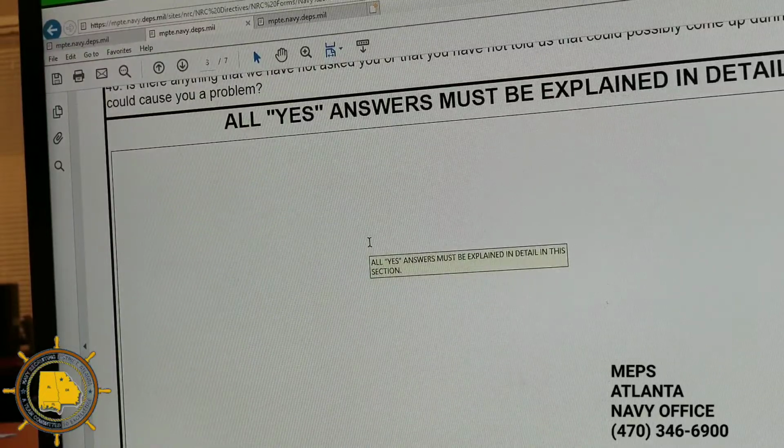So the whole thing with this PSSQ is the Intel community wants to make sure they are as transparent as possible, that they're open and honest as possible about all information that they answer yes to, and about their financial situation. So I hope that covers the actual PSSQ portion of the IDW screening.